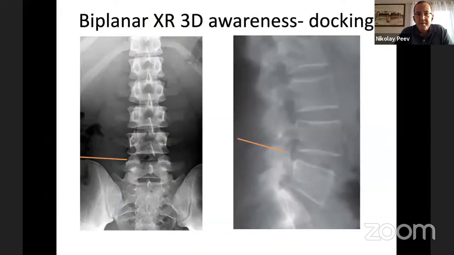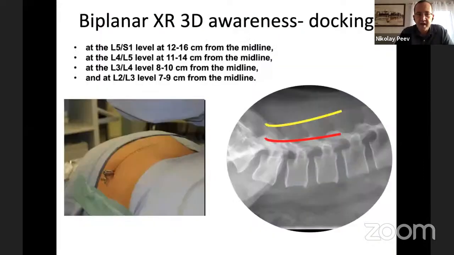That is demonstrated by the following few slides that I'm going to show you. The first step of the endoscopic transforaminal surgery is proper docking of your working cannula. The 3D awareness is of paramount importance, and I will show you now why.